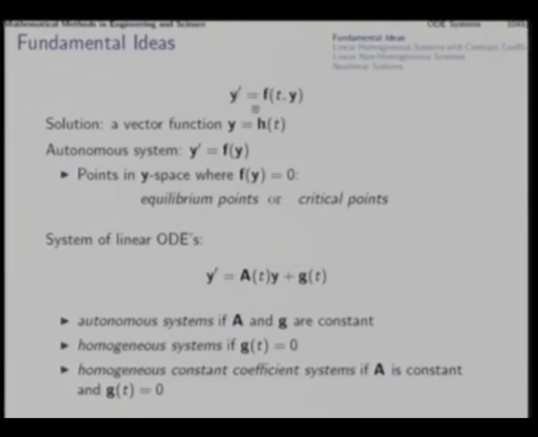If it happens to be an autonomous system, that is, if t does not appear explicitly, then rather than having the case in which y prime is equal to A y, we have y prime as a general nonlinear function of y, and in that case, as the solution of f(y) we can have multiple equilibrium points, isolated yes, but multiple equilibrium points, not only the origin but several equilibrium points we can have.